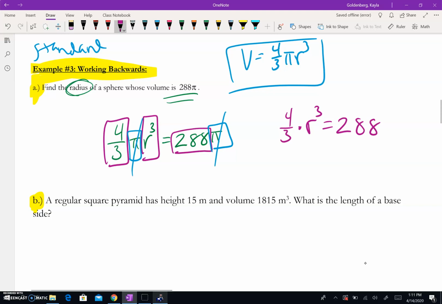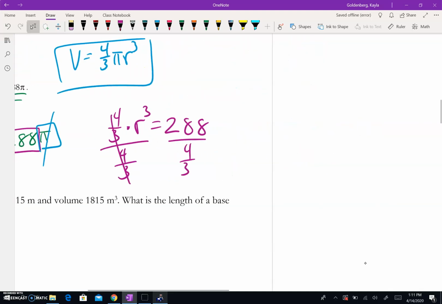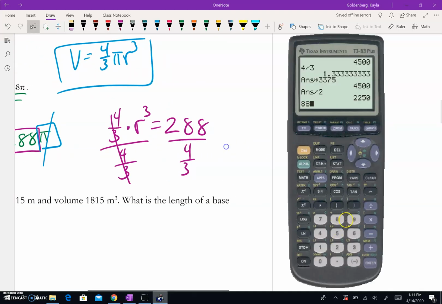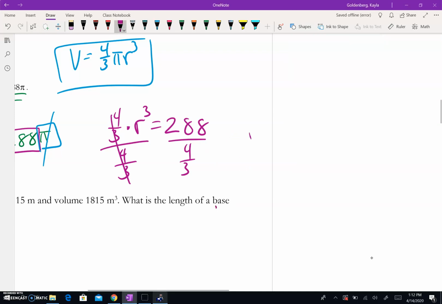If I'm solving for radius, I have to undo times 4/3. So I'm going to do 288 divided by, in parentheses, 4/3. Looks like it's 216. So radius cubed is 216.